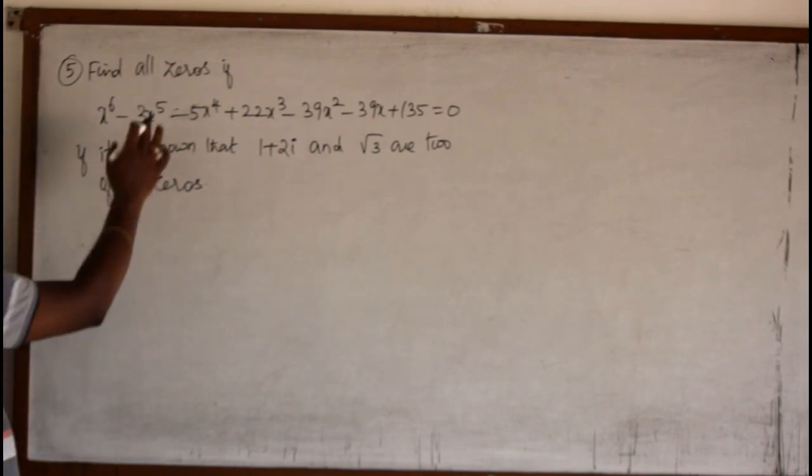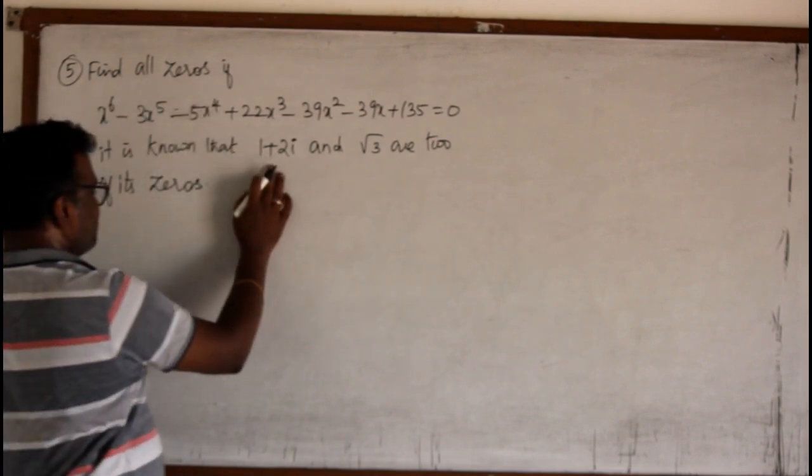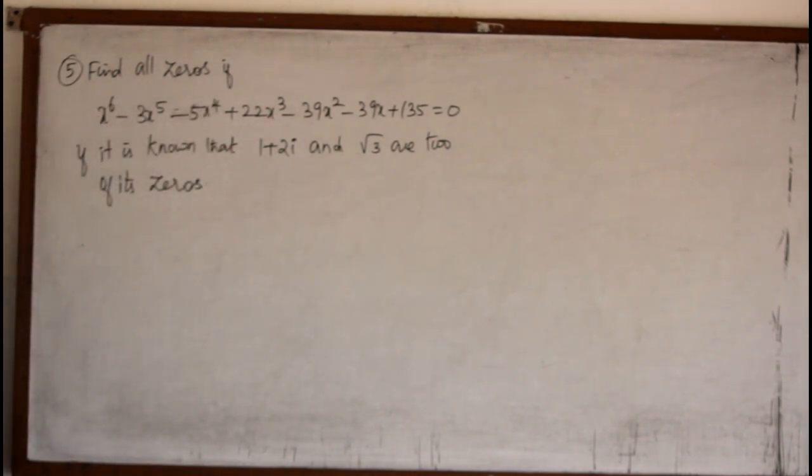That means I have to solve this equation. Already 1 plus 2i and root 3 are given roots.